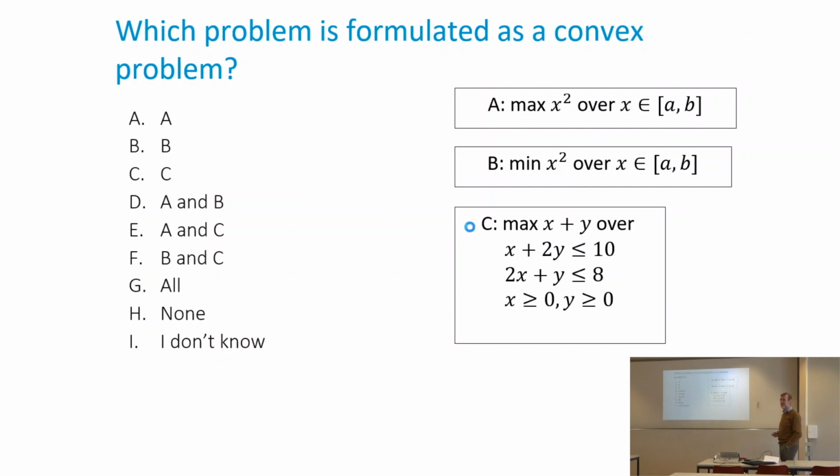It's linear, so it's convex. A linear function is both concave and convex. So this function is concave. That's what we want because we have a maximization problem. And we have linear constraints, so if we combine linear constraints, that means we take half planes. If we take the intersection of half planes, it's an intersection of convex sets. It is a convex set.